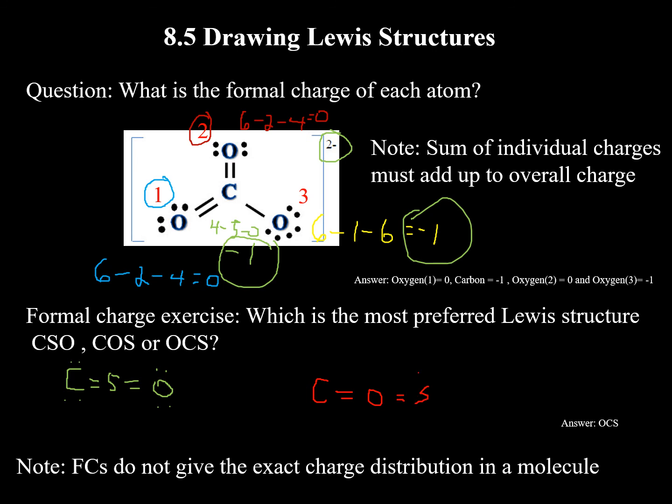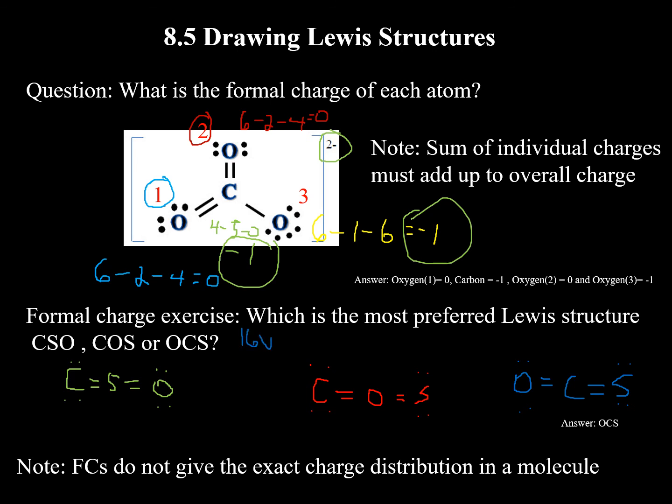The one in the middle, the one on the right, are the lone pairs. Each one of these has 8 valence electrons for each element. We used up a total of 16 valence electrons.